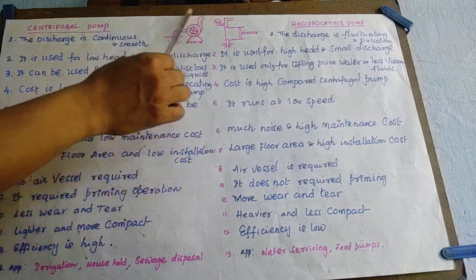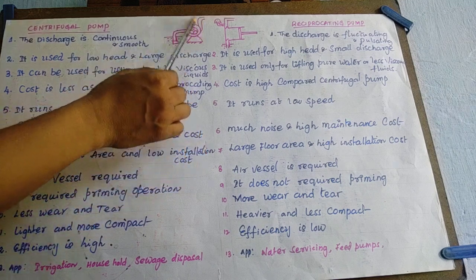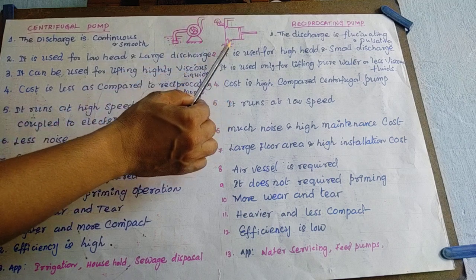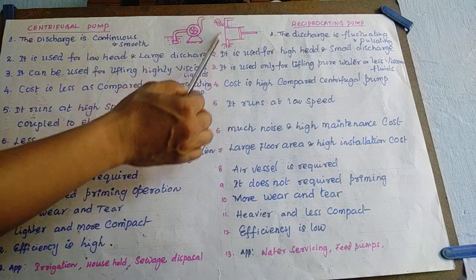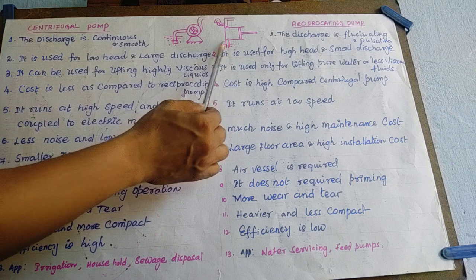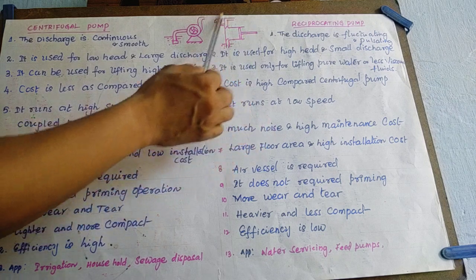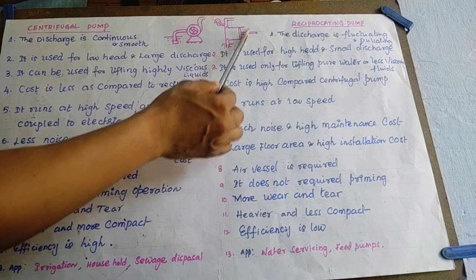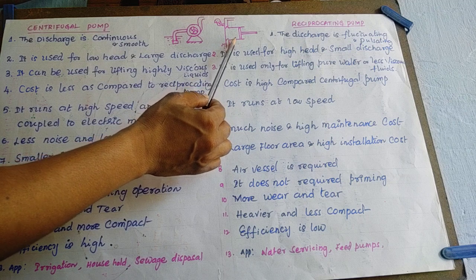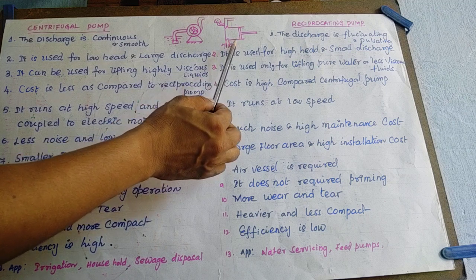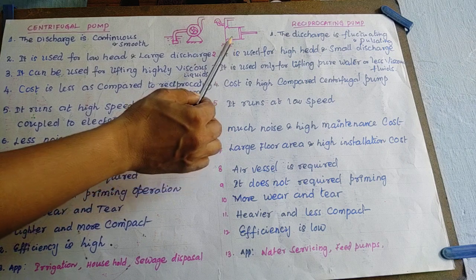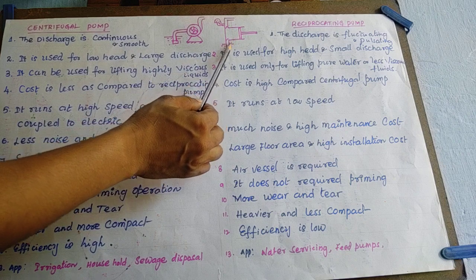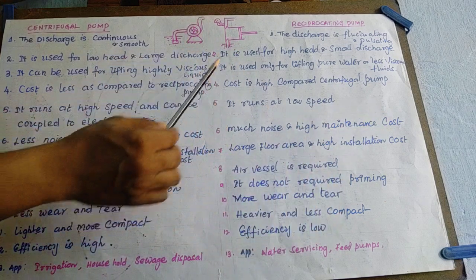We can easily do the repairs of any parts, but here, whenever it is running, it makes a lot of noise as well as vibration due to the reciprocating or moving parts of the pump, and the repair or maintenance cost is very high for this one, because it is very difficult to disassemble all these parts inside this one. That is why these parts are very difficult to maintain, and that is why the cost is also very high for the reciprocating pump.